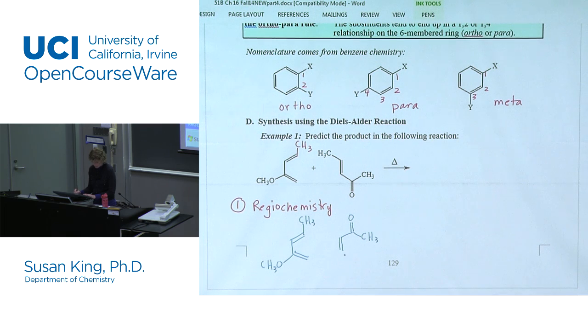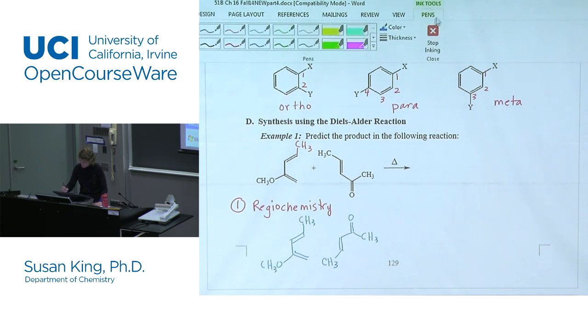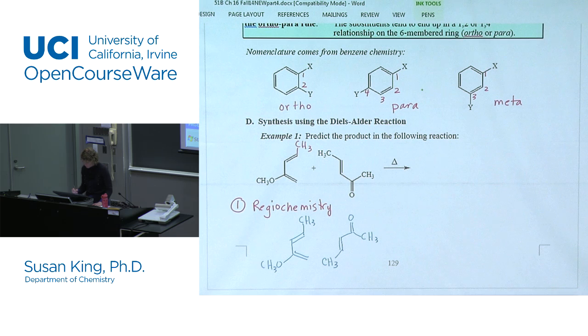One of these two is correct, one of them is not. In order to figure out which one I get, I'm going to connect the two ends and number. So this is where our new sigma bond is going to be. I don't even need to draw the product here to do this regiochemistry, because that's where our new sigma bond is going to be, right where that dotted line is.